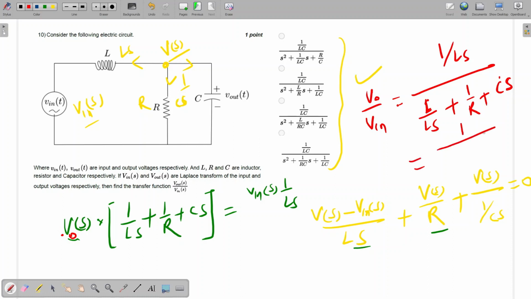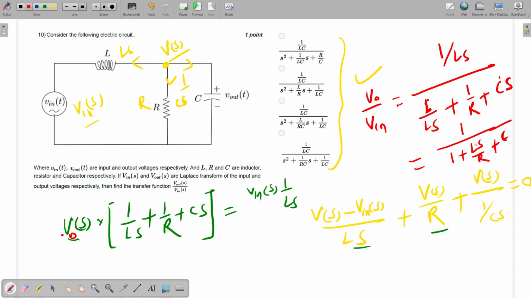This becomes 1 divided by 1 plus Ls by R plus, and then the Cs term. Multiply with S, sir. Here it will come as S. 1 by Ls is there, so 1 by Ls is cancelled, and Ls by R.